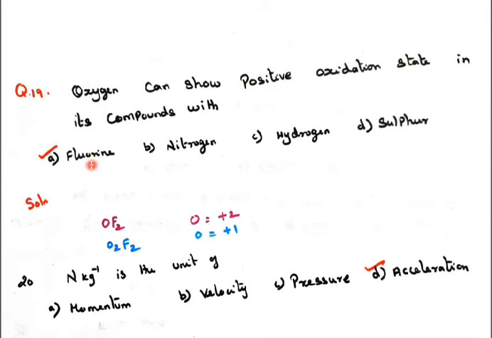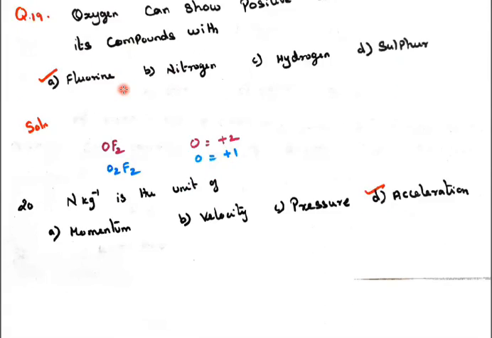Oxygen's 3.5 is higher than all of these, but with fluorine it is less. So fluorine, being more electronegative, has the more negative charge, and oxygen has the less negative.